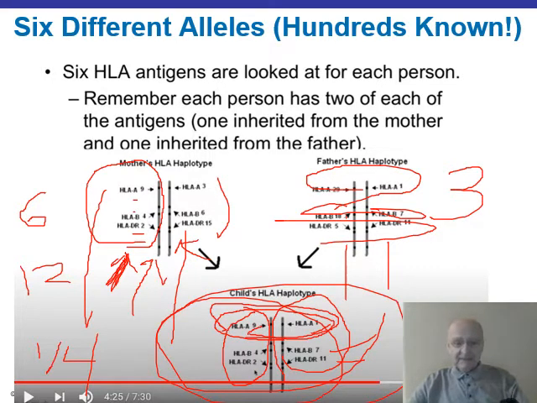Haplotype meaning that, well, you get half from your mother and half from your father. So these are the haplotypes there, right? I know that's a lot of red there that I'm drawing, but that's the case. So you need that kind of match.